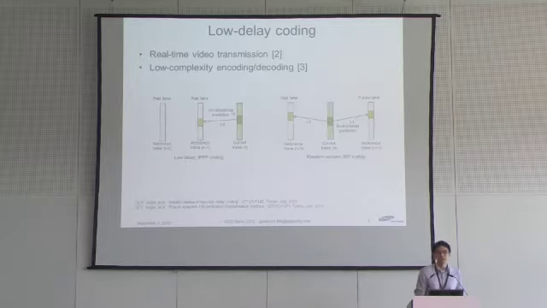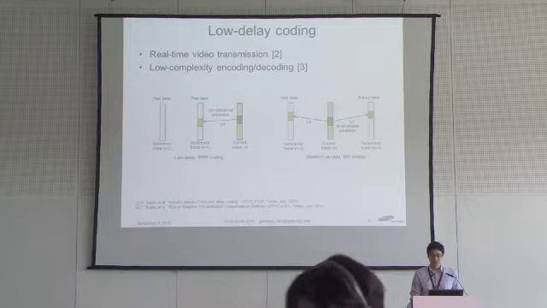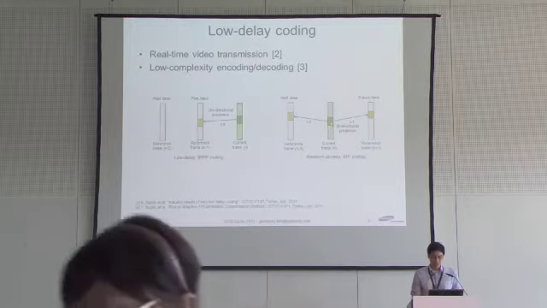In the HEVC, there are two coding methods. The first one is low delay coding, and the other is random access video coding. Low delay coding uses past frames as reference frames, but random access coding uses past frames and also future frames to interpolate the pictures.